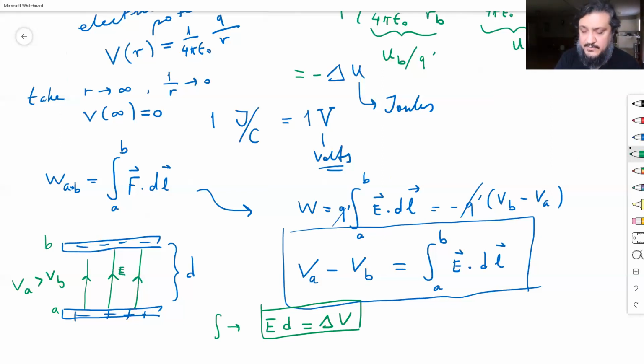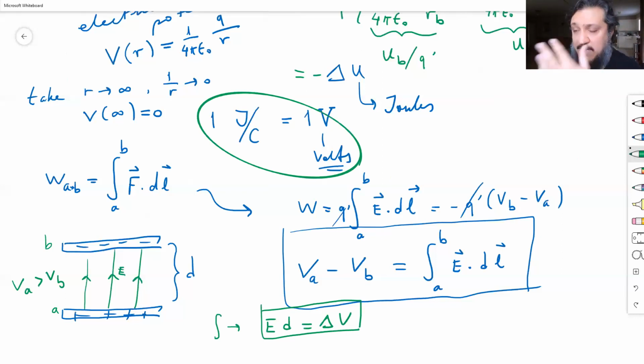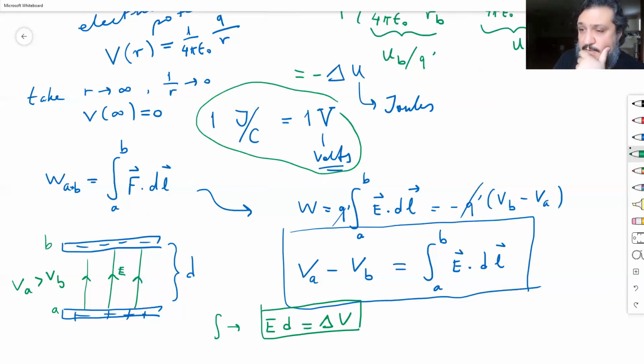Okay, so I brought this up because I wanted to mention another unit or equivalence of the volts. Here it was joules per coulomb. In this case, you have the electric field, and what was the unit for electric field? Newtons per coulomb, right?